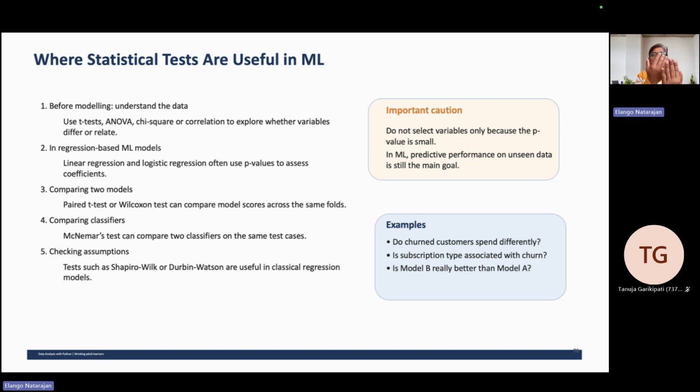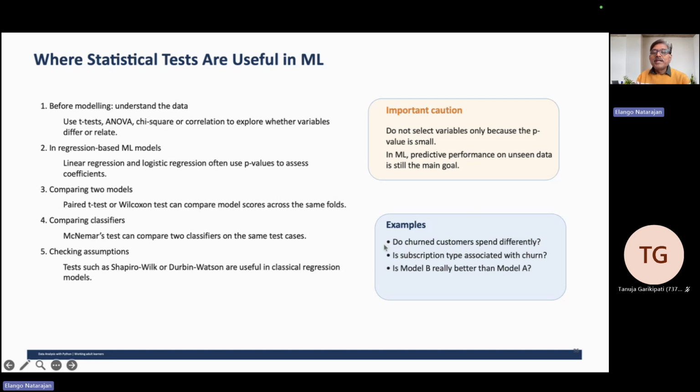You are collecting the performance of random forest and XGBoost, and you may want to compare the performance of these two models. There the statistical test comes in. It is called a paired t-test. We compare classifiers and we check the assumptions. So we do this kind of statistical test analysis in machine learning as well.